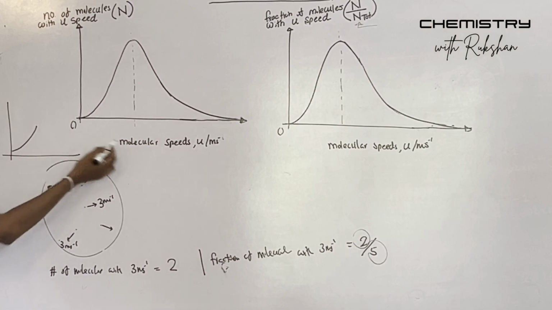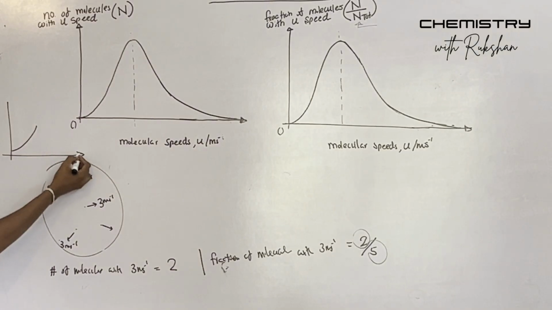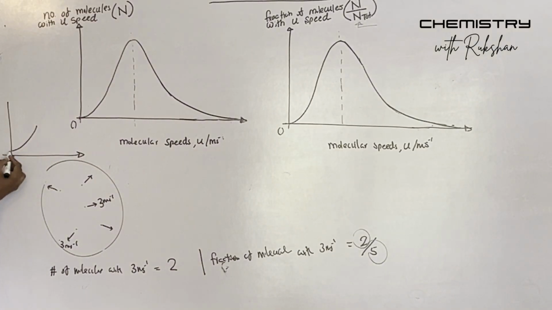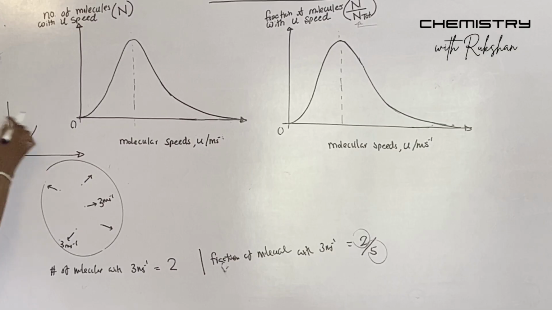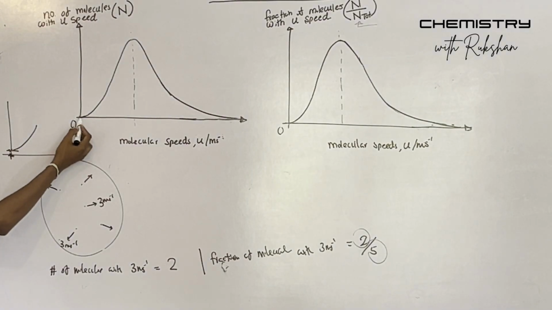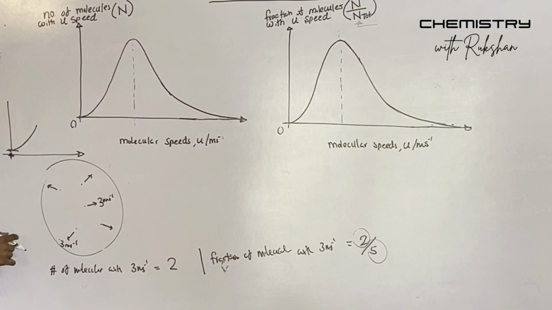With speed 0, on this speed axis, you can't have any molecules. So it should start from the origin. With speed 0, the number of molecules with that speed should be 0.